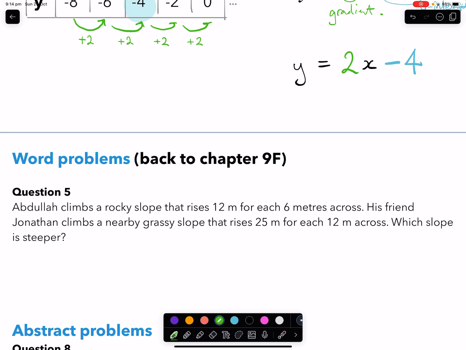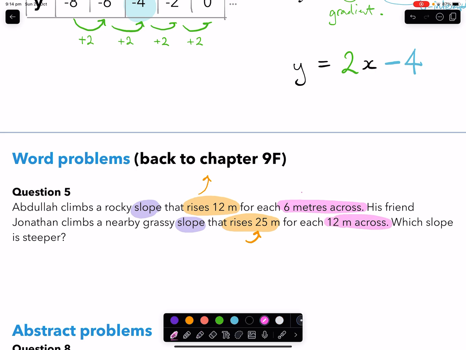So this is a word problem for gradients. Some clues that we can use the tools we've done here about rise and run: we can see the word slope, both of them, and then the numbers follow. Actually, I might use orange. Both of them say rises, so going upwards. And they also mention, I'll use pink, 6 meters across, 12 meters across.